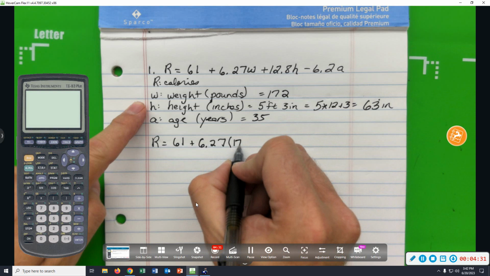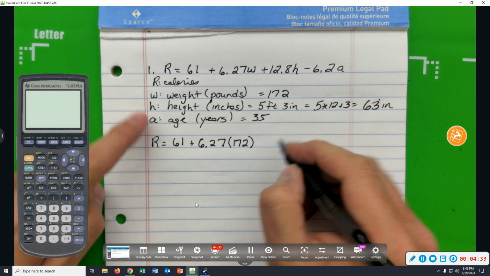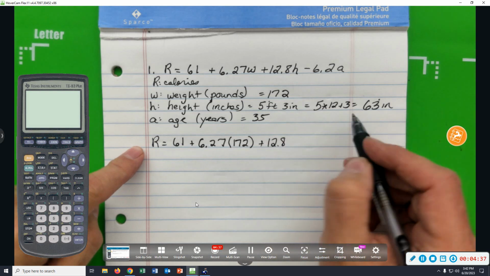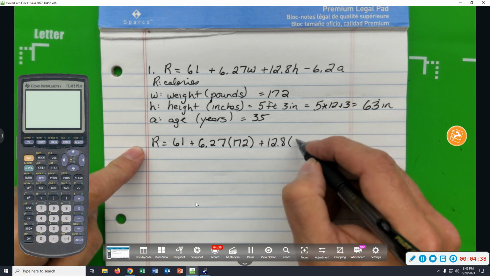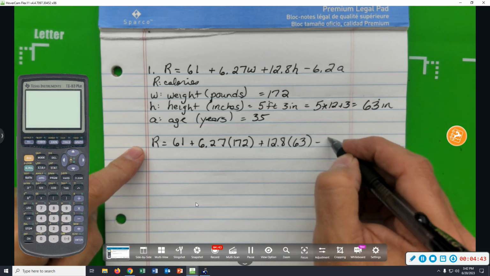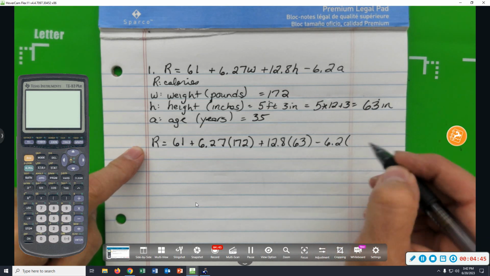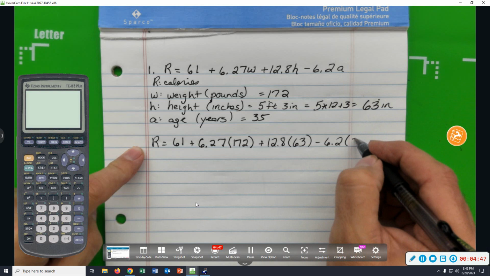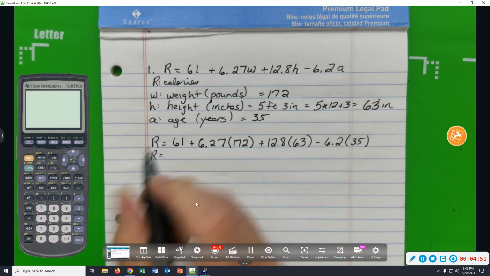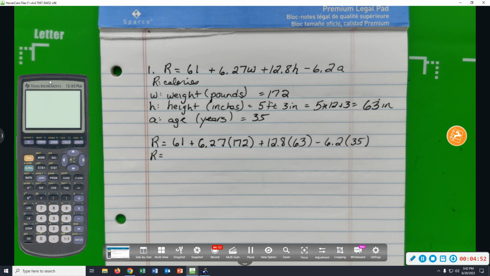I'll put parentheses for times. Plus 12.8 times H, well, we're using 63 inches, minus 6.2 times A, that's 35. So let me punch this into my calculator.